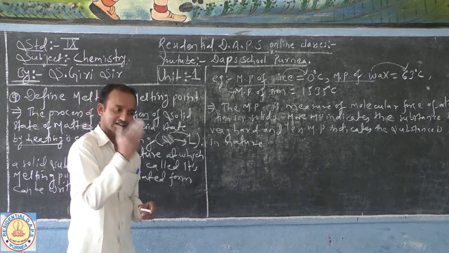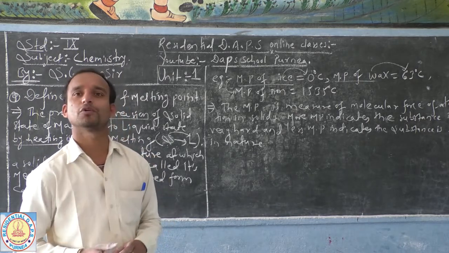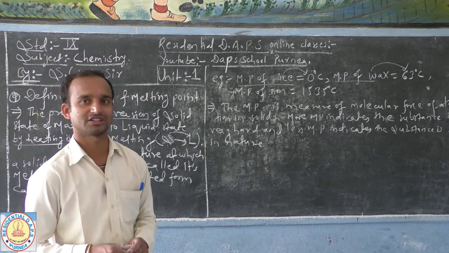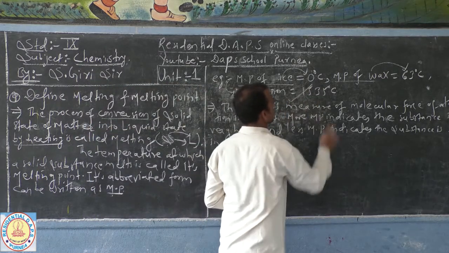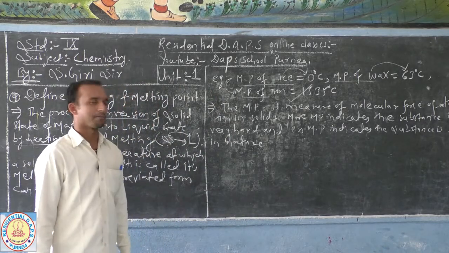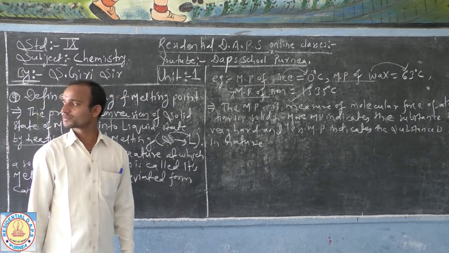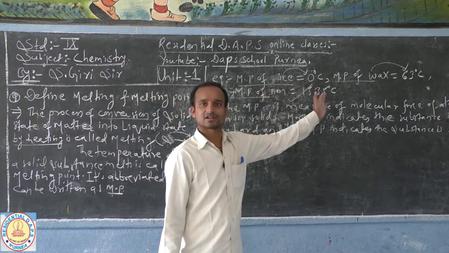When you heat an iron, does it break with your hand force? I don't think that it breaks. The melting point of iron is 1535 degrees C. It indicates that iron is much harder, much tougher than ice and wax. Got the point?